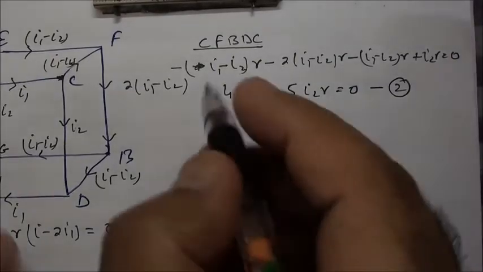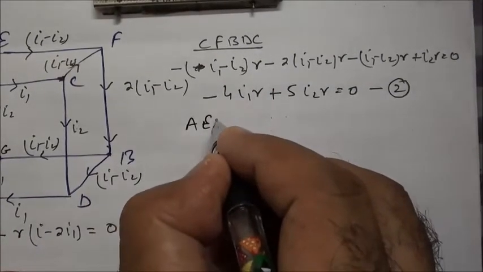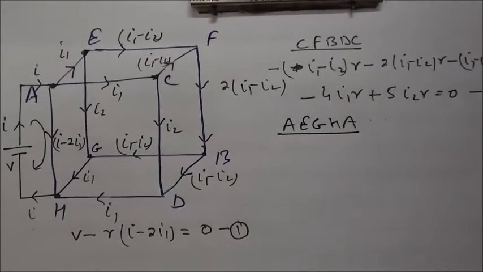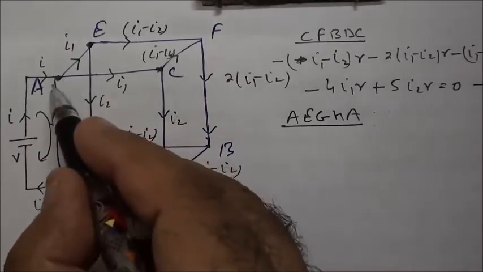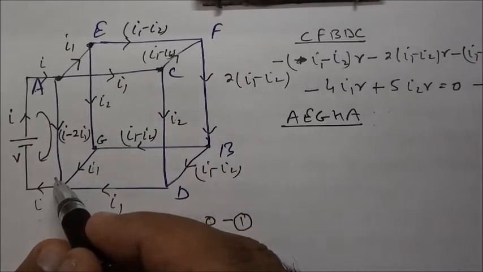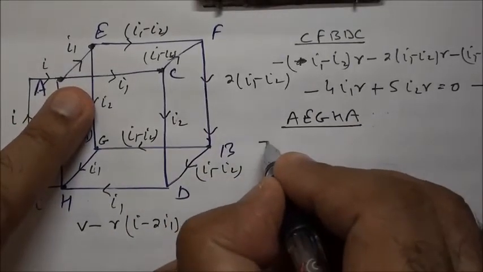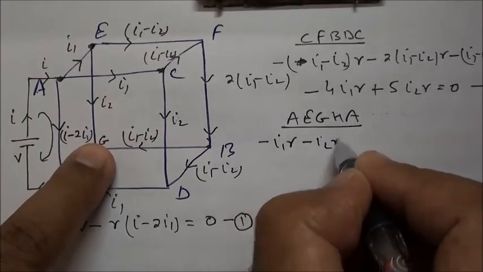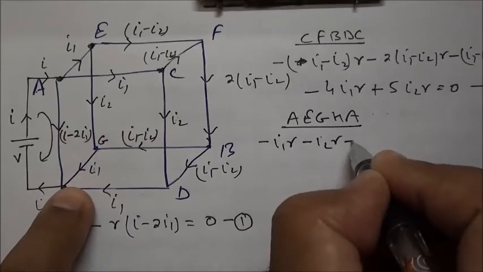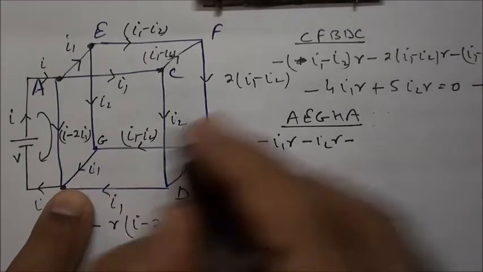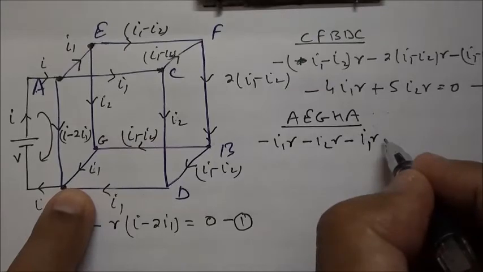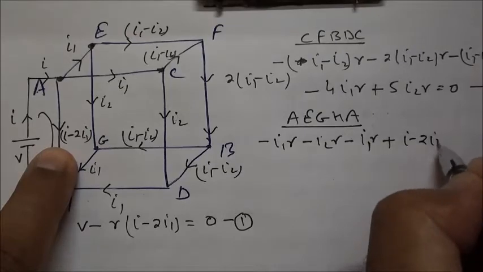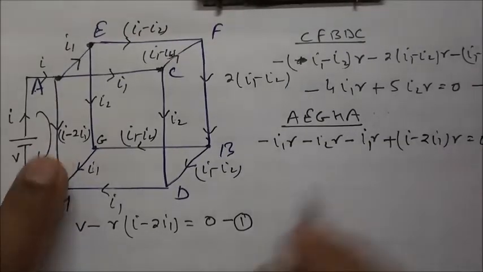And one equation let us frame from A, E, G, H, A. Now see A, E, G, H, A. So I am using this loop. What will it be? Minus I1R minus I2R minus I1R and plus I minus 2I1 into R is equal to 0.